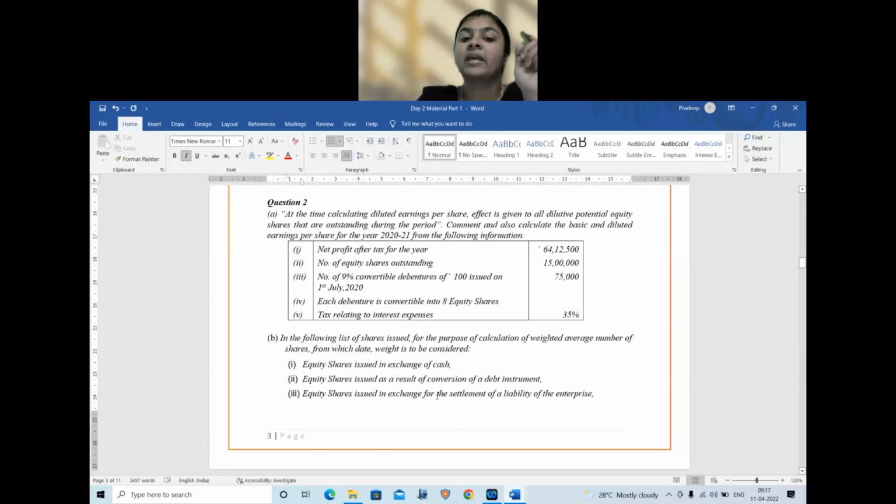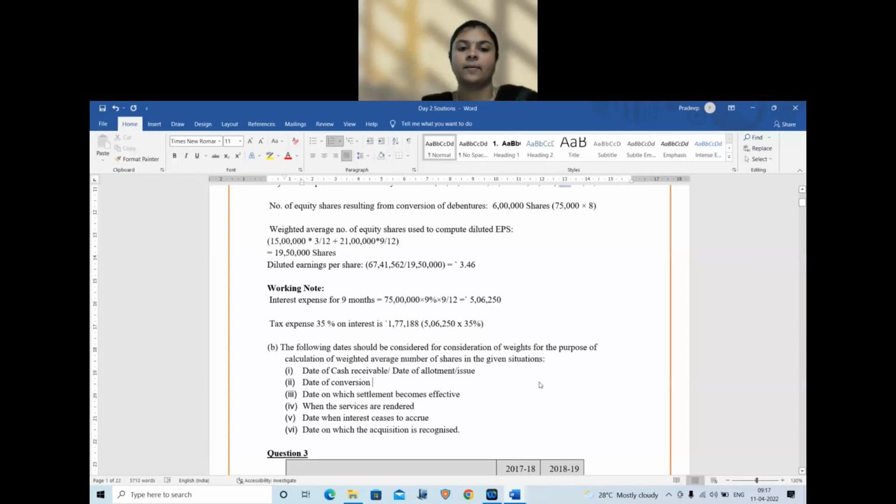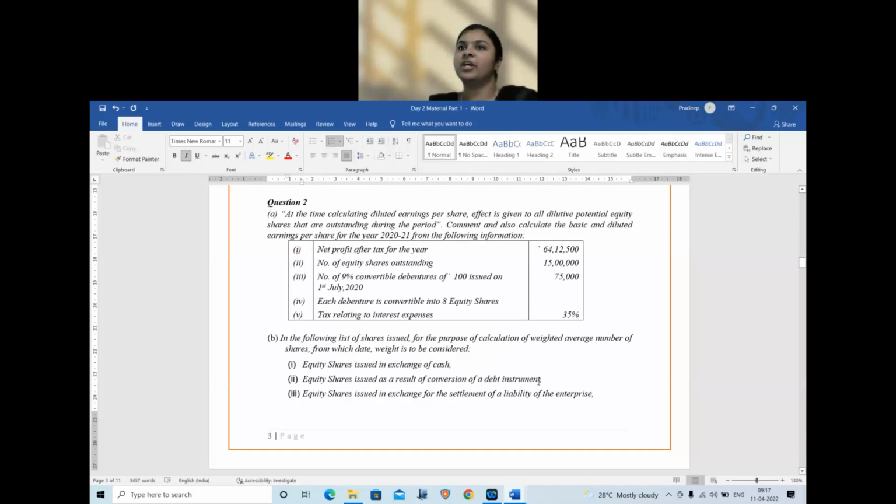Second, equity shares issued as a result of conversion of a debt instrument. So I am converting a debenture or a debt instrument to shares. From which date are the shares available? From the date of conversion.